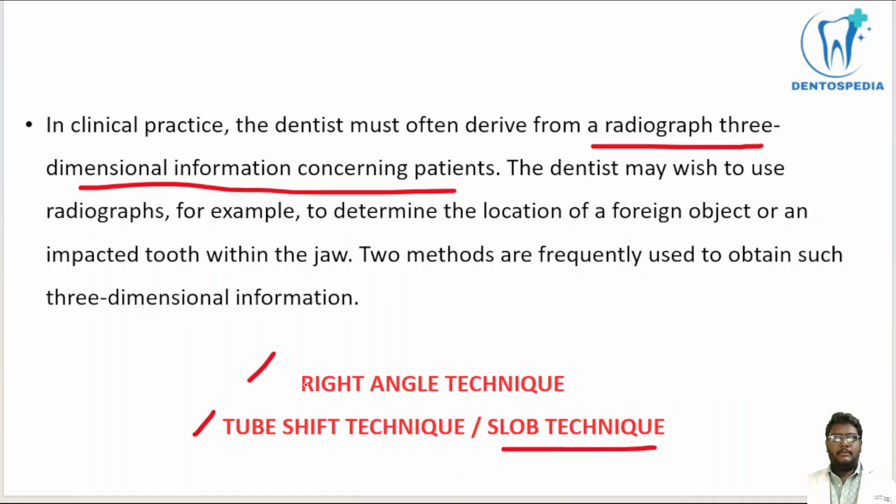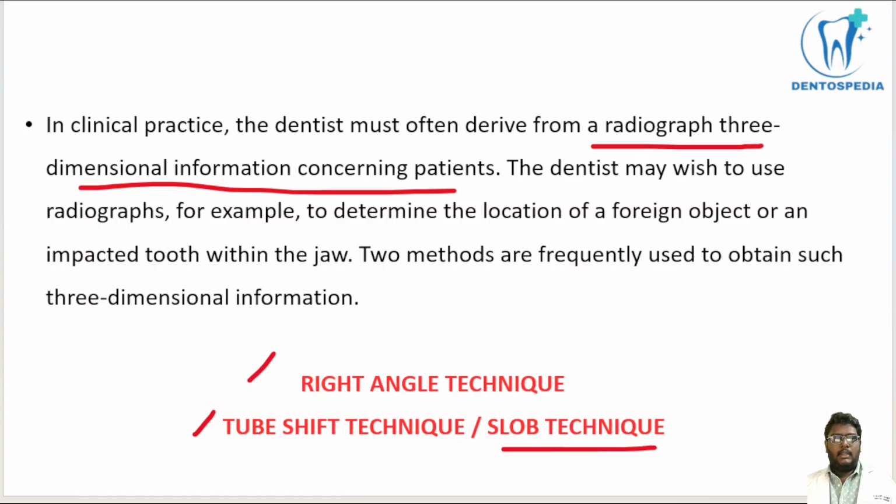We already discussed that in a radiographic image we get only a two-dimensional view, but our oral structures are three-dimensional. Even the mandible is three-dimensional. So we have to rely on one or two radiographs to identify the location.